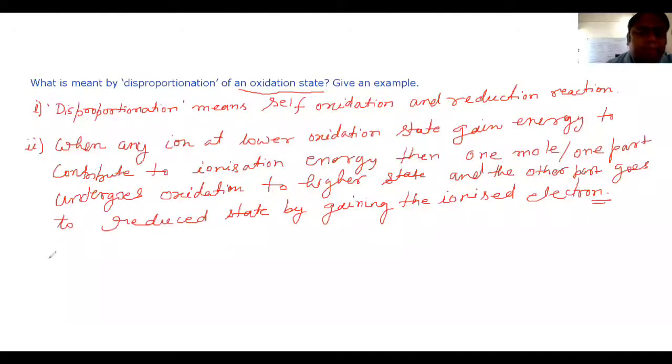Example A, 2Cu2 plus ion, to Cu1 plus ion.